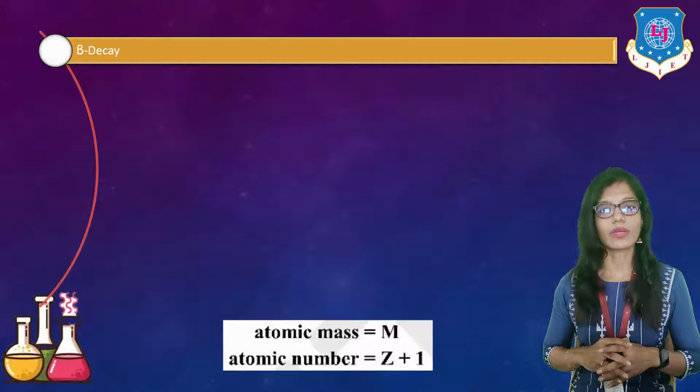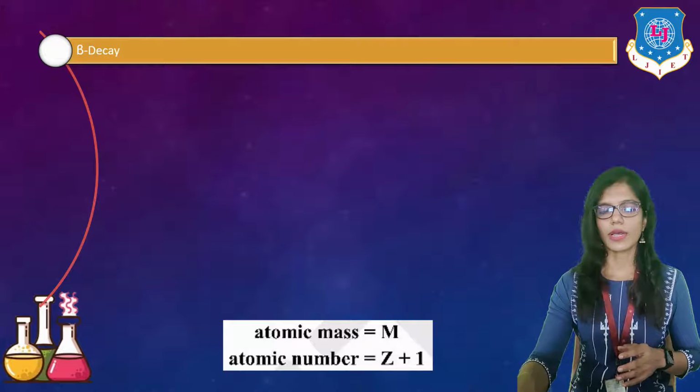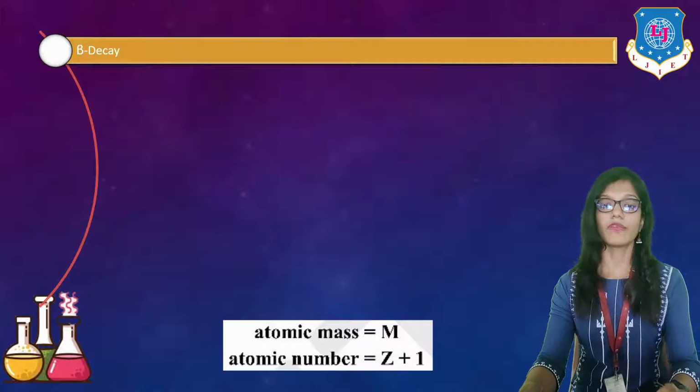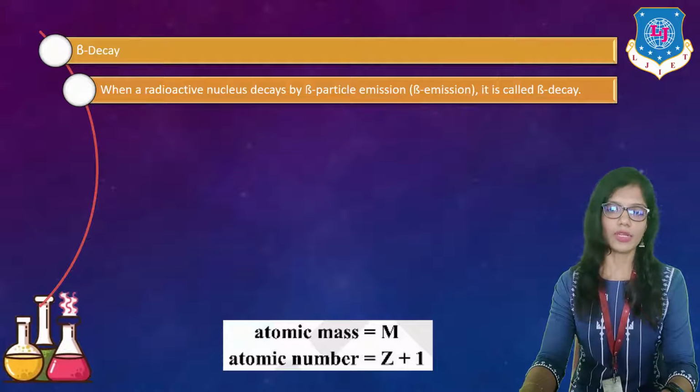Now our second one is beta decay. So in beta decay, what will happen? When a radioactive nucleus decays by beta particle emission, which is also known as beta emission, it is called beta decay.